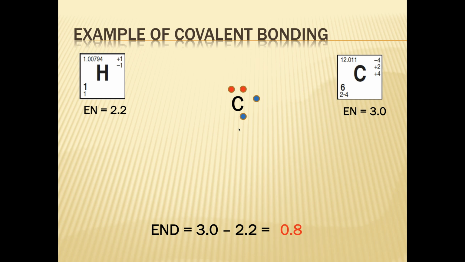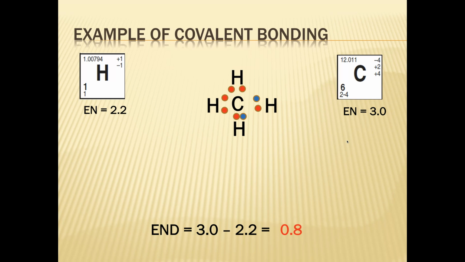Before carbon can form a bond, this s electron will have to be excited to the next available p orbital. And when that happens, now the carbon will be able to share enough electrons to form a stable octet.